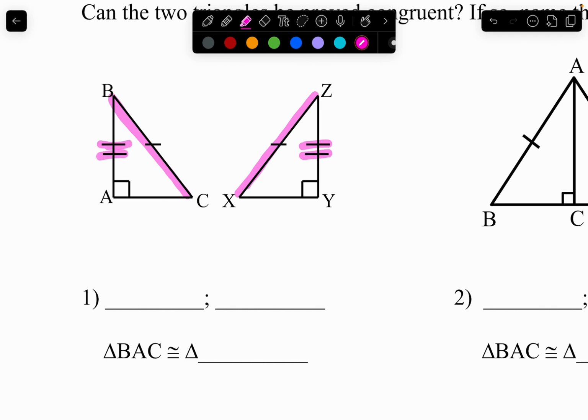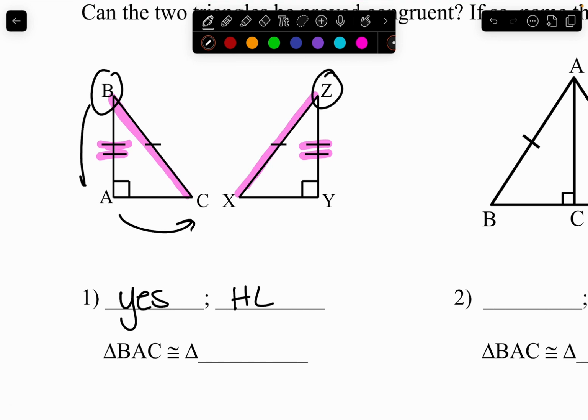It doesn't matter which of the other legs are marked congruent for it to be hypotenuse leg. So just keep that in mind. So we could say yes, these are congruent by hypotenuse leg. Triangle BAC, we start at B, move to A, move to C, will be congruent to triangle ZYX.